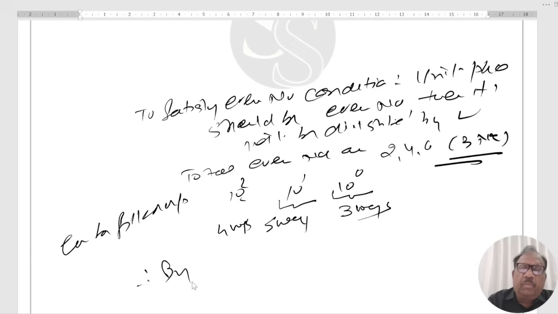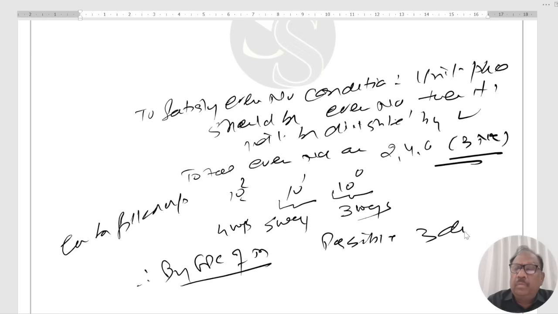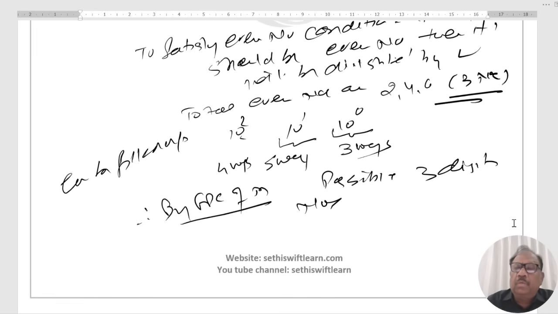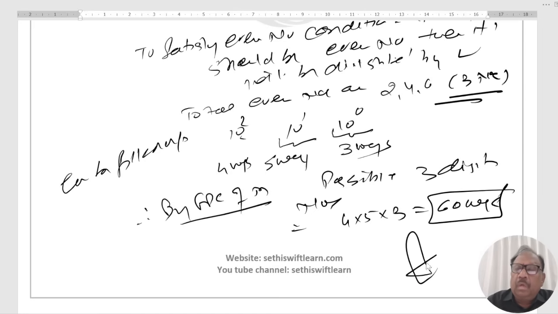Therefore, by FPC of multiplication, possible 3-digit even numbers with repetition not allowed is equal to 4 into 5 into 3, that is 60 ways. That is the answer. Right? Next question.